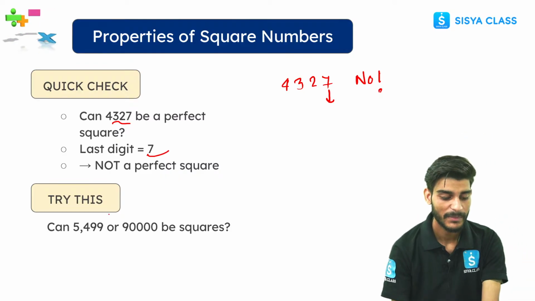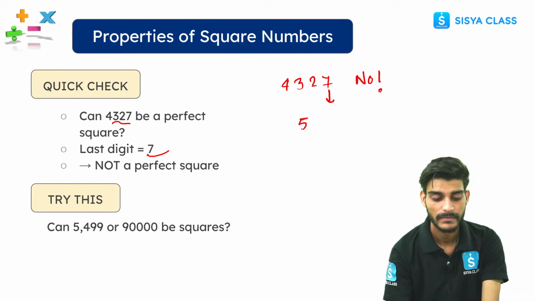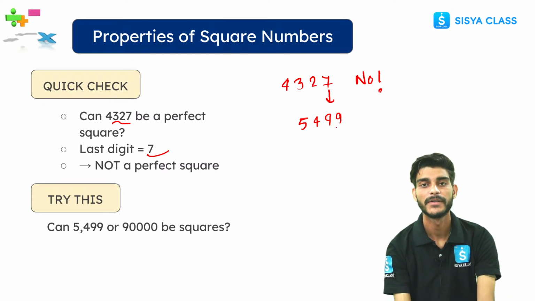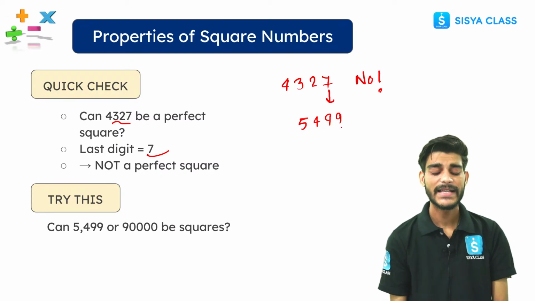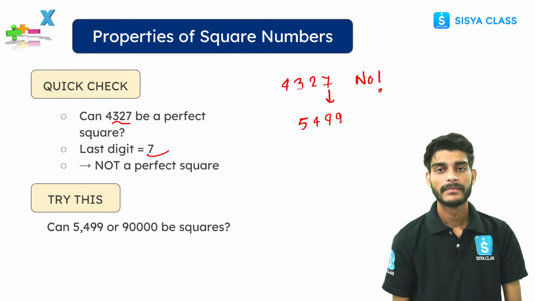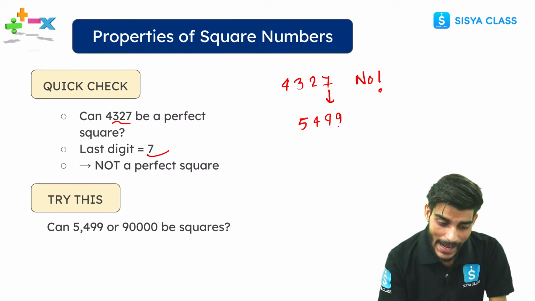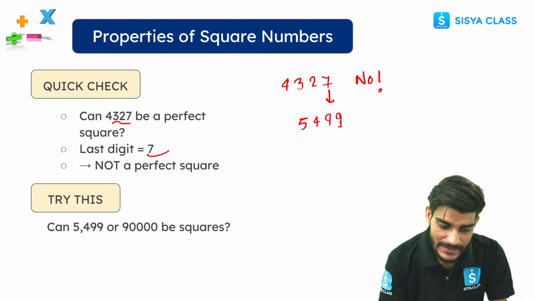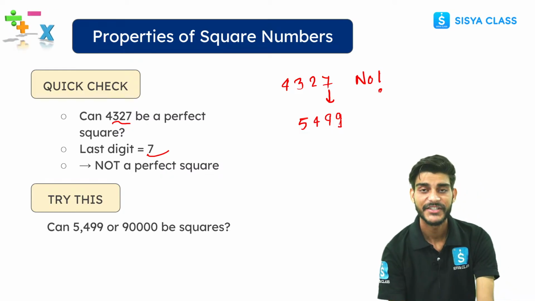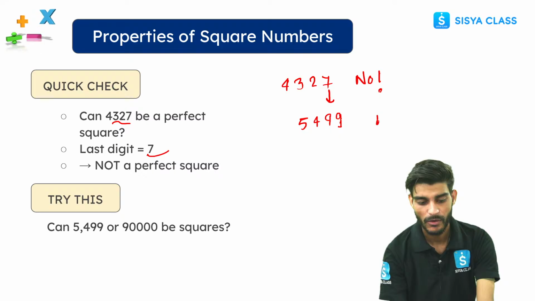Clear? What about 5499? What about this number? See at the end, the last digit is 9. Is it a perfect square? Tell me. At the last it is 9. So can I say directly that it is a perfect square? No. This may or may not be.